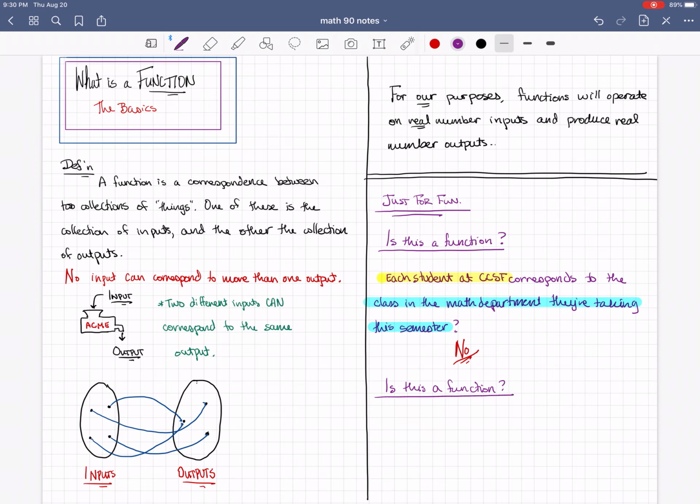Each person who works at City College corresponds to their employee ID.